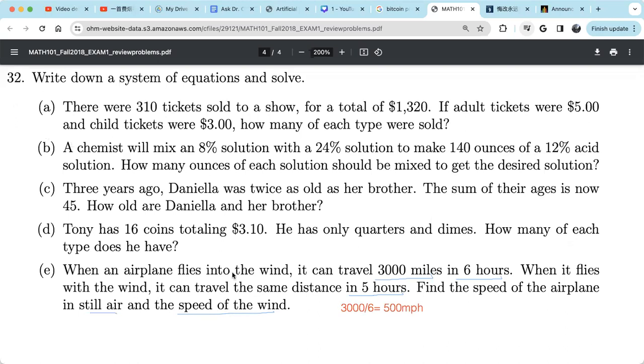So we've got to make another equation. 3,000 is the same distance. That means it's still 3,000, but it only takes 5 hours. So divided by 5, 30 divided by 5 is 6, 6 times 100 is 600. So with the wind it's 600 miles per hour. So then we just subtract those two speeds, right? 600 minus 500, that's 100 for the force of the wind. So the wind is 100 miles per hour.